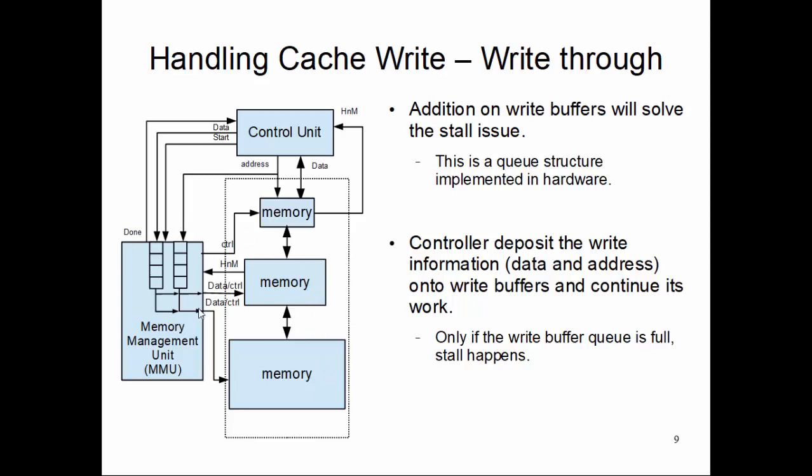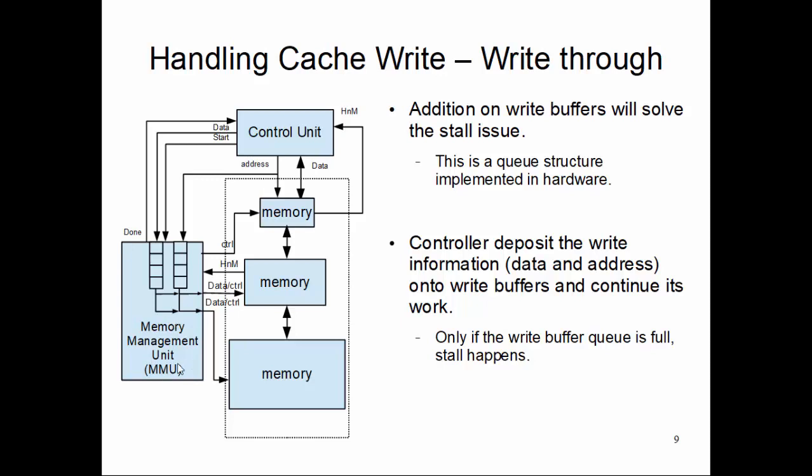So to avoid the stall, we implement some sort of queuing mechanism. The control unit basically writes onto the higher level memory, the top level one, L1 cache for example, and enqueues the same data into the memory management unit's queue, and the corresponding address is also queued, and then it goes back to its own job.